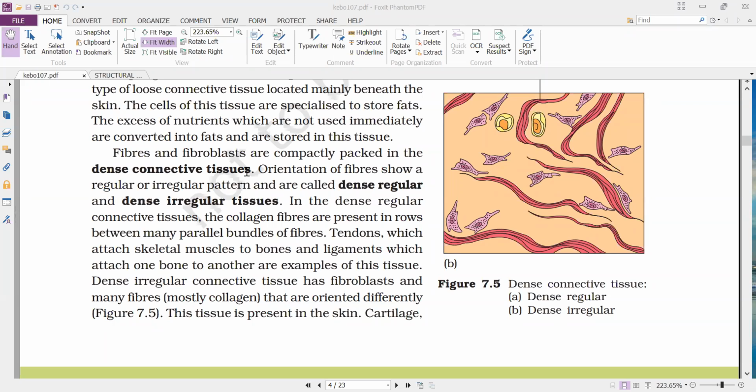Next, the orientation of fibers shows a regular or irregular pattern, called dense regular and dense irregular tissue. That means depending upon the arrangement of the fibers, the dense connective tissue is divided into two types: dense regular connective tissue and dense irregular connective tissue.